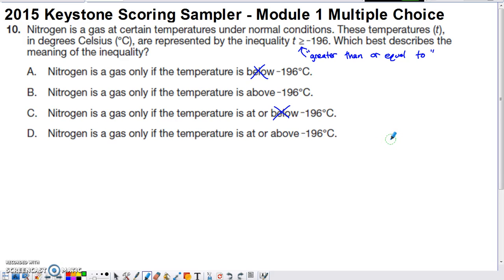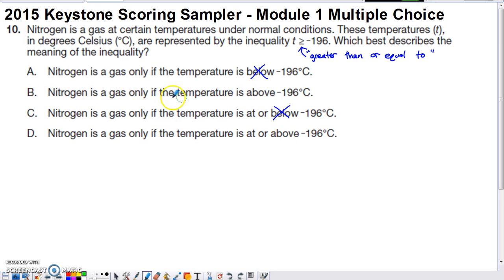The last three problems that we've done, every inequality problem that we've discussed within this video, has amounted to looking at whether or not we're allowed to equal something. T is allowed to equal negative 196 and nitrogen is still a gas. So nitrogen is a gas only if the temperature is at, equal to, or above negative 196.